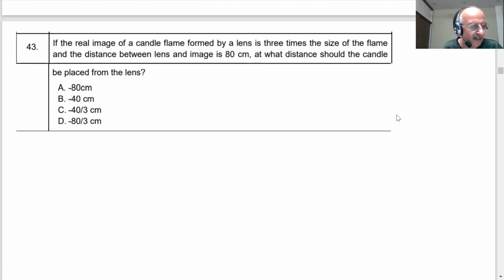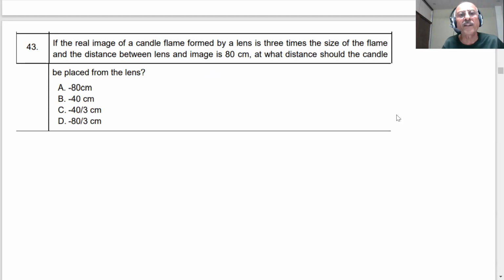If a real image of a candle flame is formed by a lens, and the real image is three times the size of the flame, and the distance between lens and image is 80 centimeter, at what distance should the candle be placed?